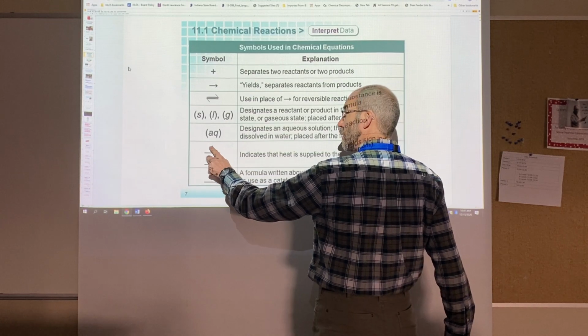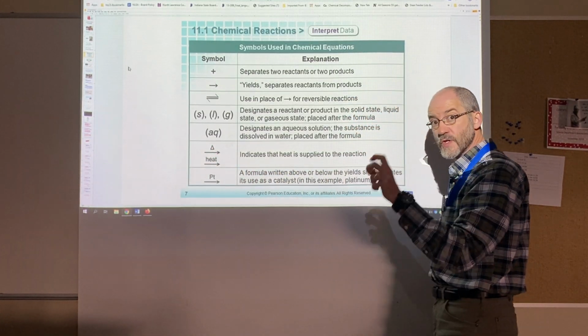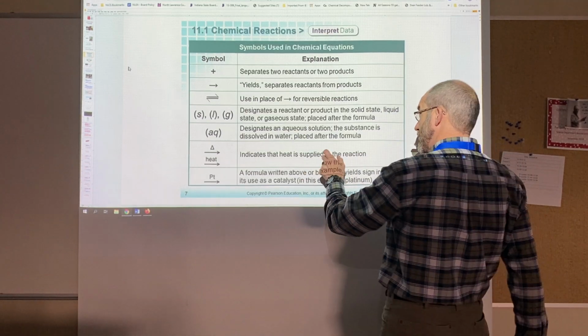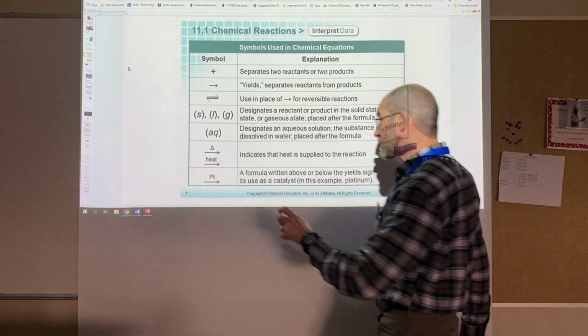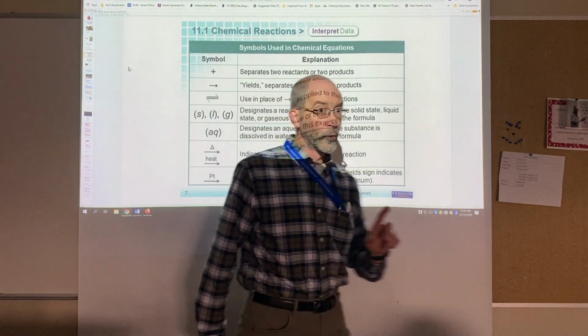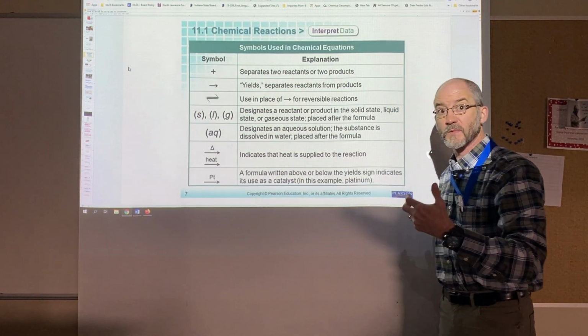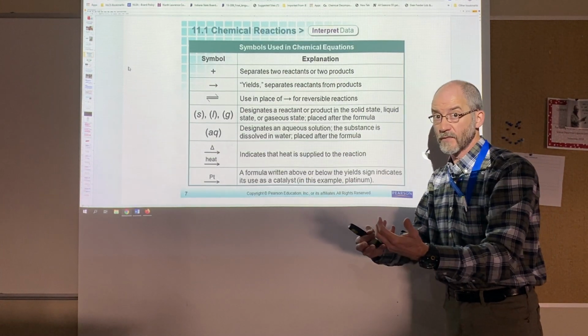Sometimes you'll see a little triangle above the arrow. That infers heat is supplied to the reaction. And sometimes you'll see some type of little formula written above the arrow, which could be an example of a catalyst, something that speeds up the rate of a chemical reaction.